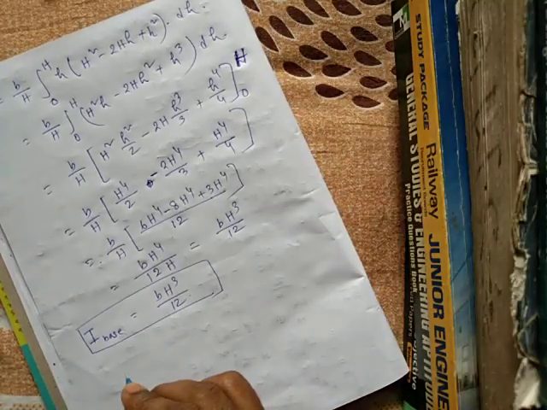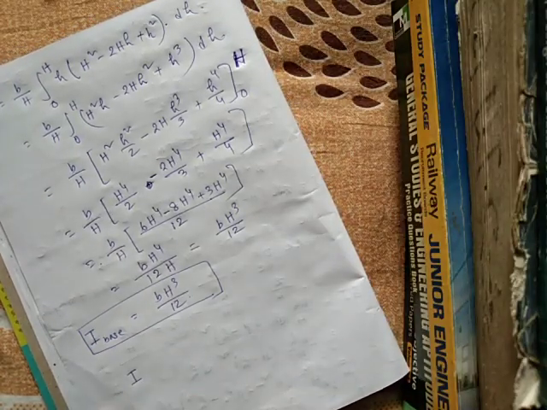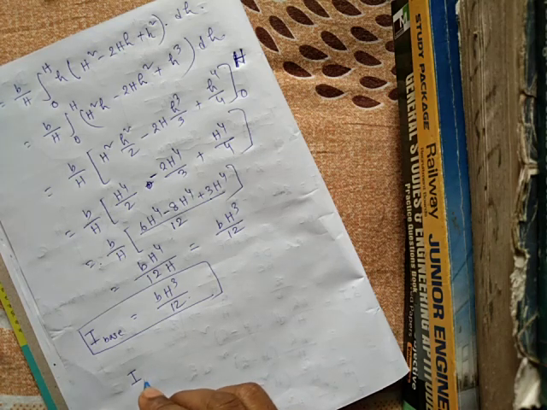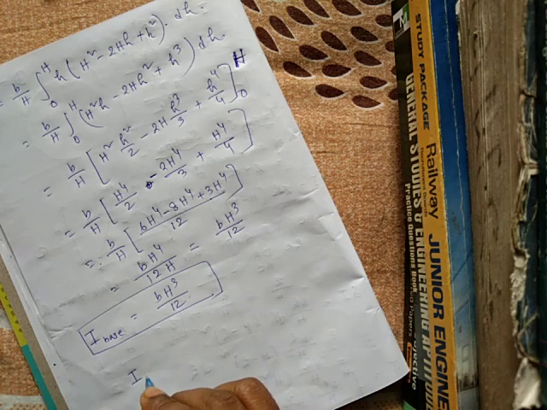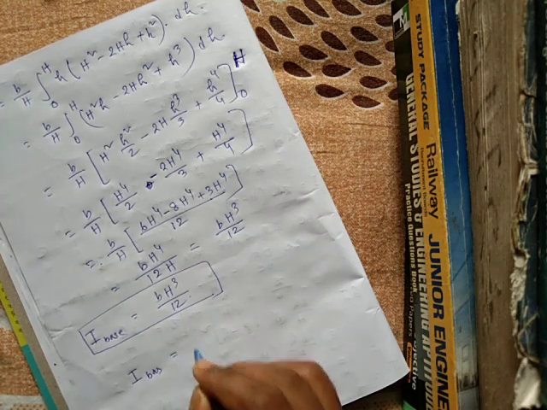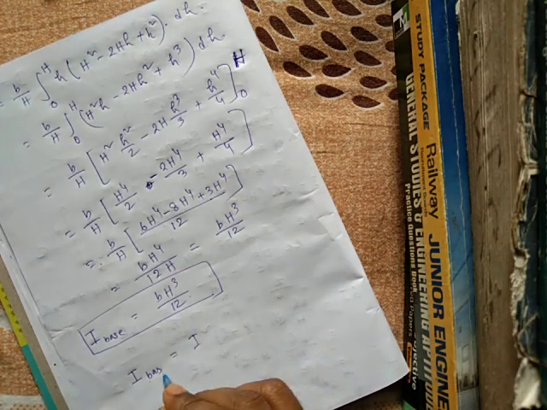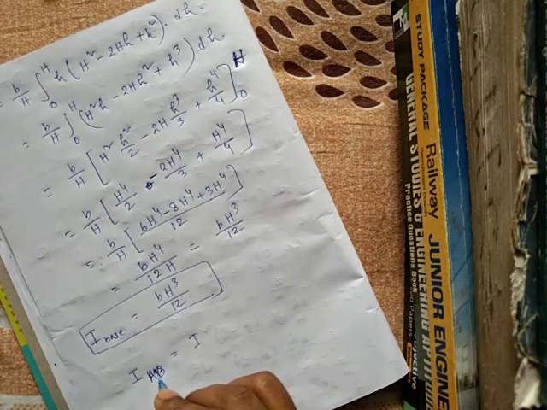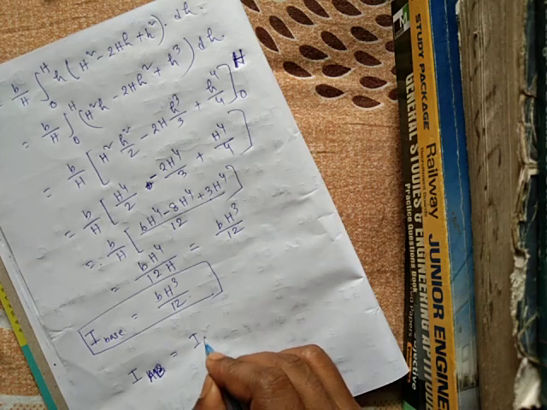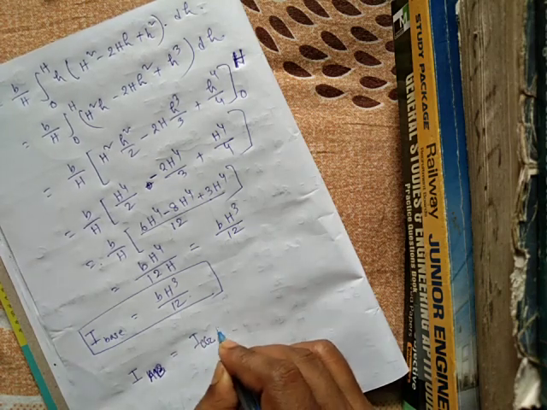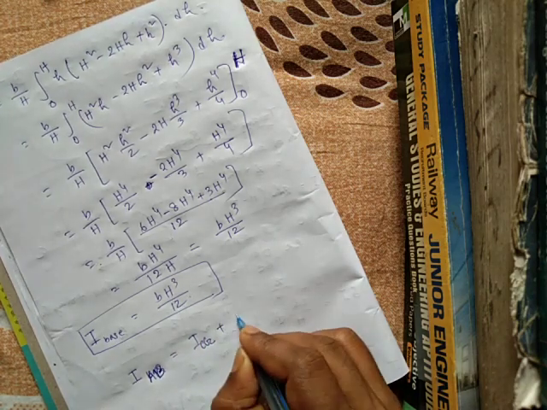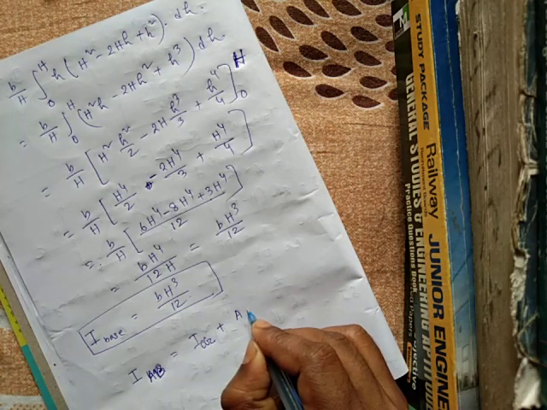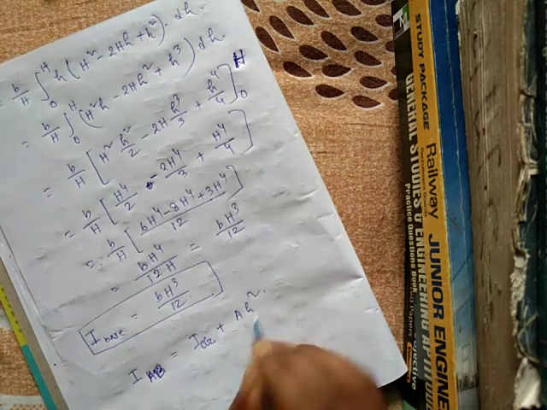The moment of inertia about any axis parallel to the CG, say the base, equals the moment of inertia about the CG plus A h square.